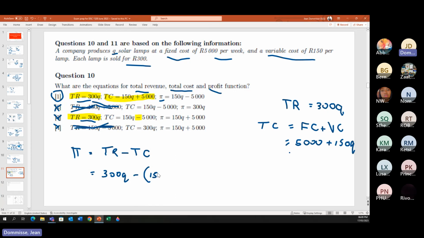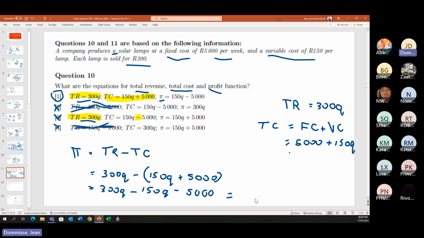So that's your 300Q minus 150Q, and then the minus 5,000 comes in.